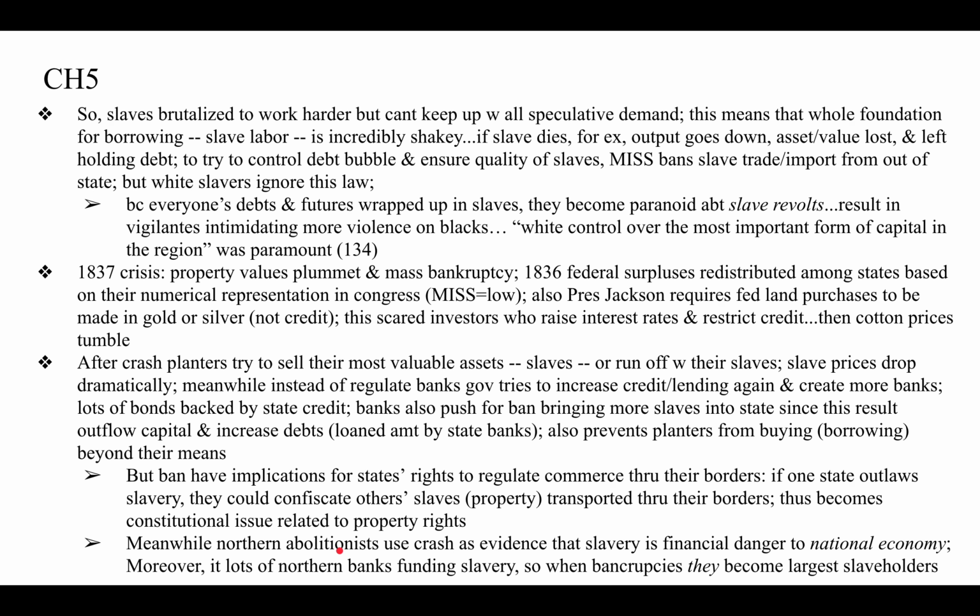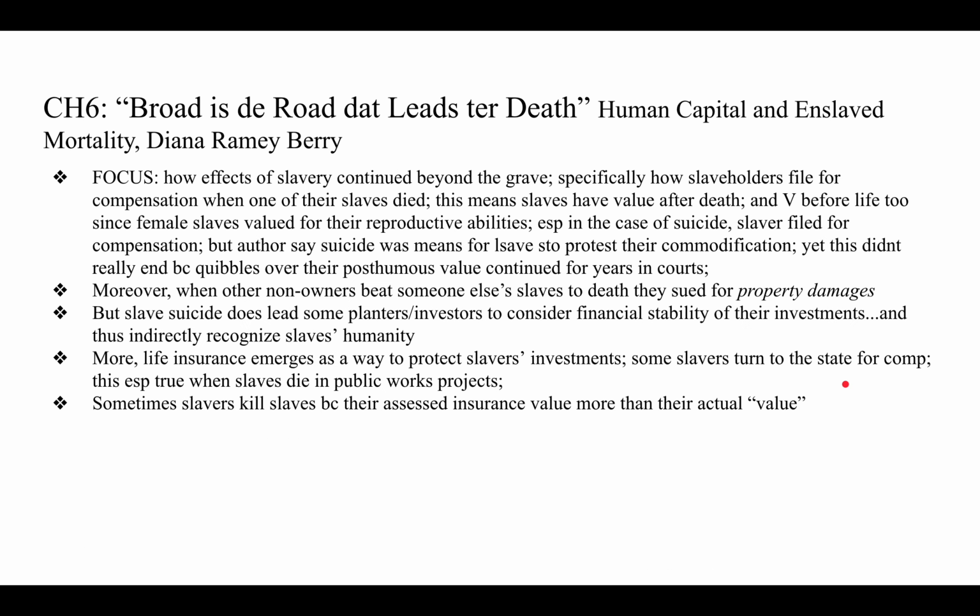Meanwhile, Northern abolitionists used the 1837 crash as evidence that slavery was a financial danger to the national economy. So they understand very well how important slavery is for the national economy. And partly this is because lots of northern banks were funding slavery. So when there were mass bankruptcies, these northern banks became the largest slaveholders.